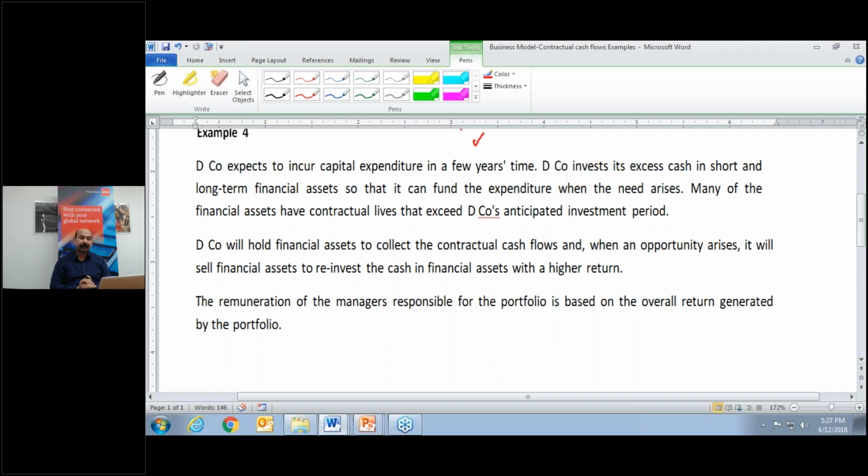Now example number 5. F Bank holds financial assets to meet its everyday liquidity needs. The bank actively manages the return on the portfolio in order to minimize the cost of managing those liquidity needs. That return consists of collecting contractual payments as well as gains and losses from the sale of financial assets.